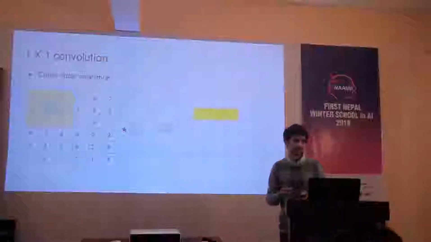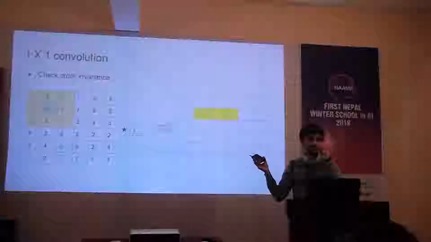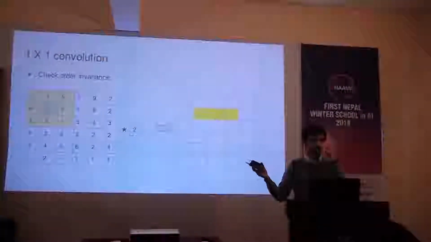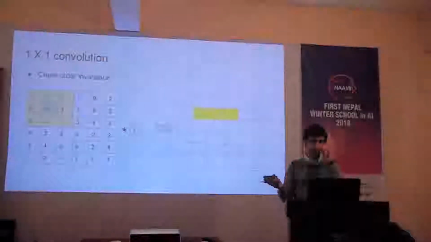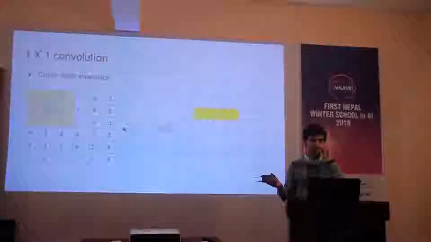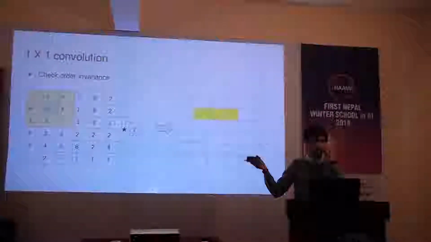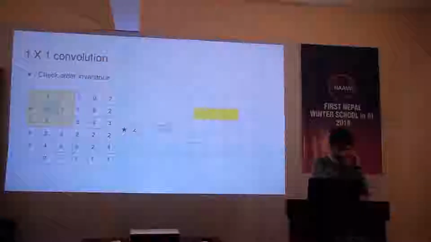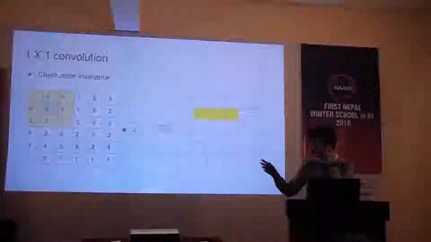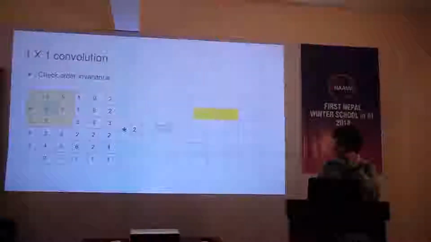By the way, if you're interested in this kind of data learning, there's also one nice lecture by Andrew Ng. Andrew Ng has a nice lecture on one-by-one convolutions and what it means to do one-by-one convolutions. In fact, I made this example somewhat inspired from that lecture.